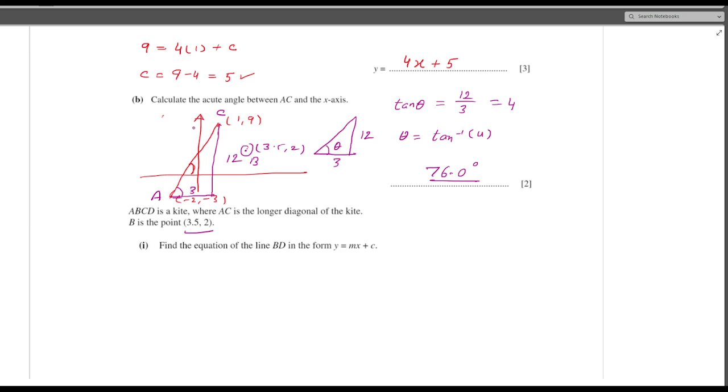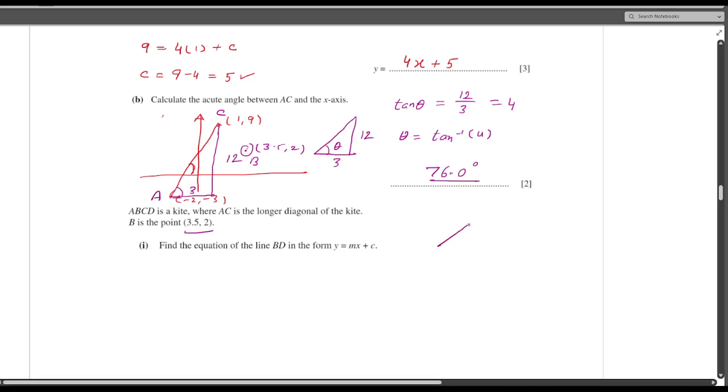So instead of considering this diagram, I will simply draw one kite, which will make your problem easy. Let us consider a kite like this.